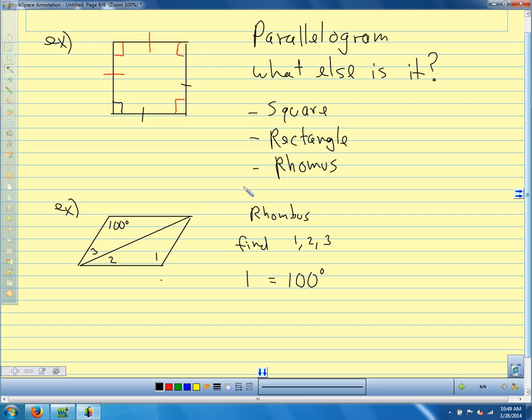The diagonal bisects it, so it cuts these two in half. What do these two have to be together? These are consecutive angles, so those two together have to be 80. So 2 plus 3 has to be 80. And we know that this cuts them in half, so what does each one have to be?